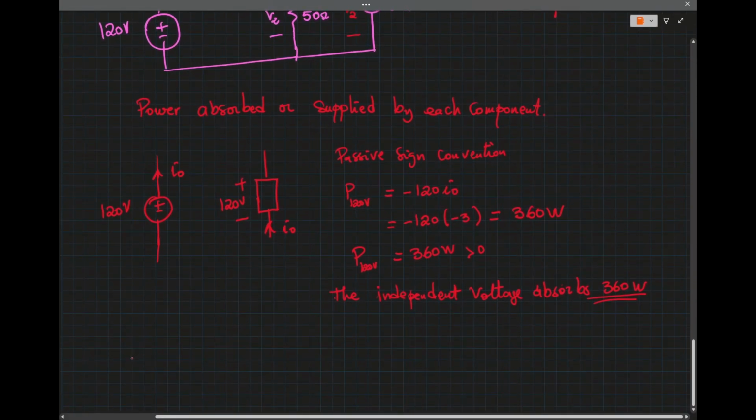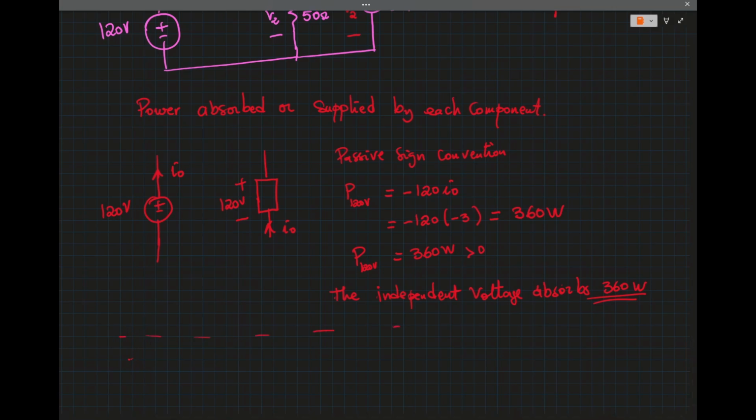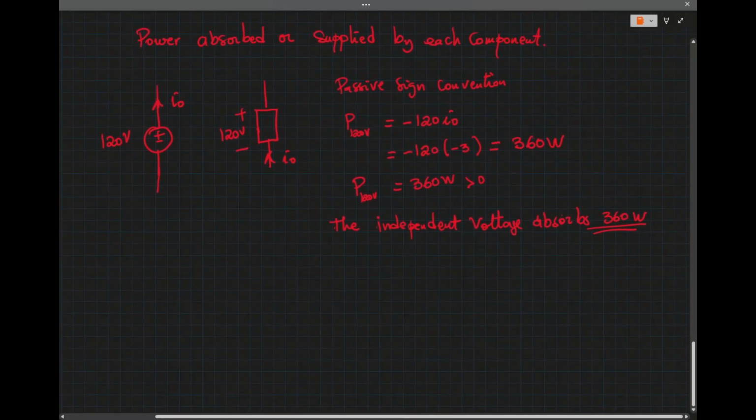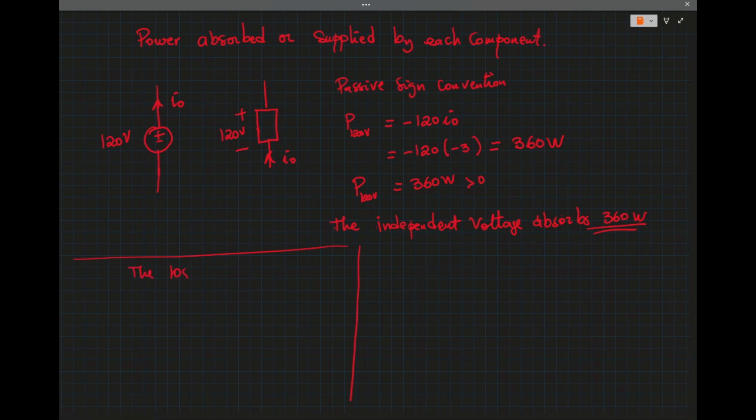Okay, so let's look at the 10 ohm resistor. For the 10 ohm resistor, we have I0 and we have V1.